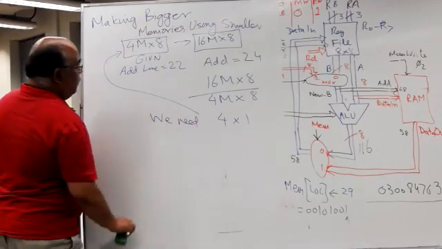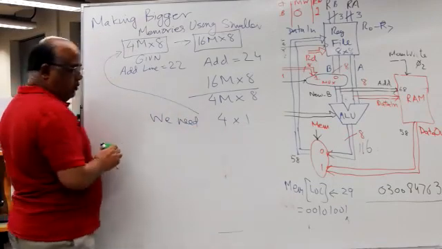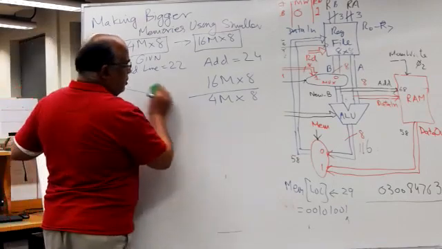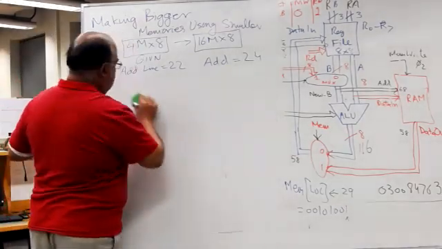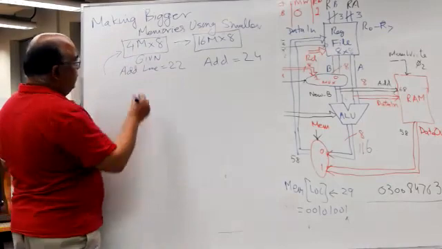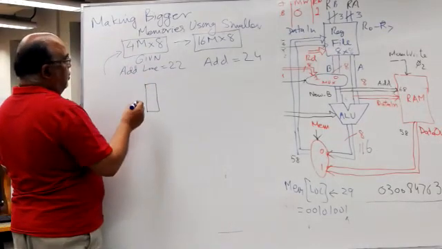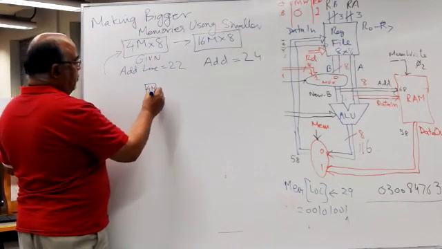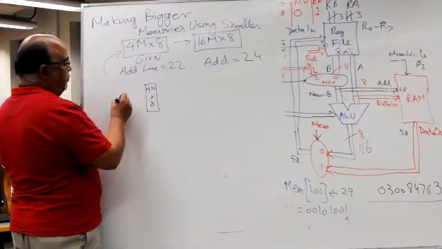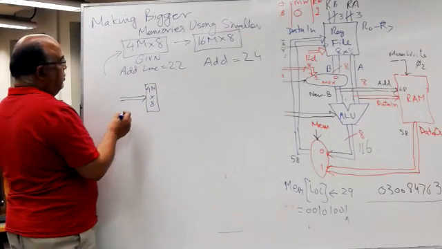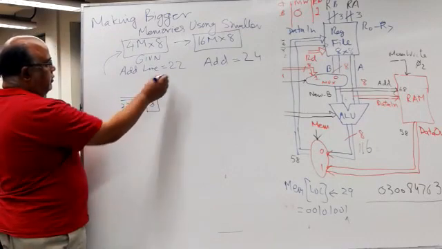So we'll make a symbol for these 4 ICs. We have this IC, which is 4M multiplied by 8. So it will have 22 address lines given here.